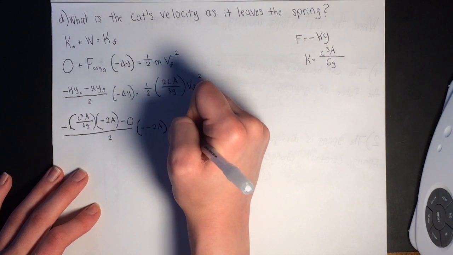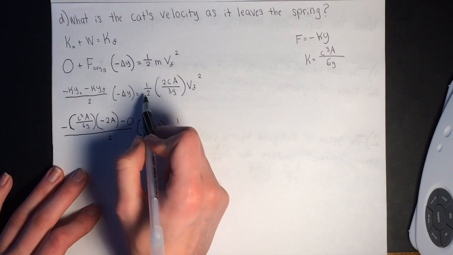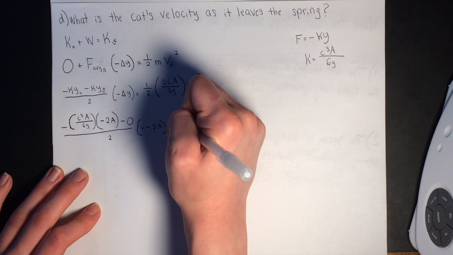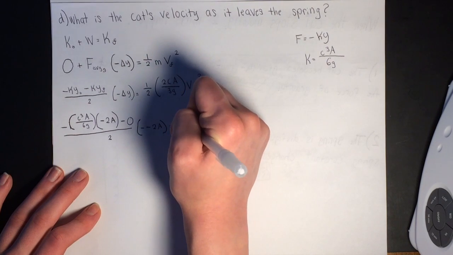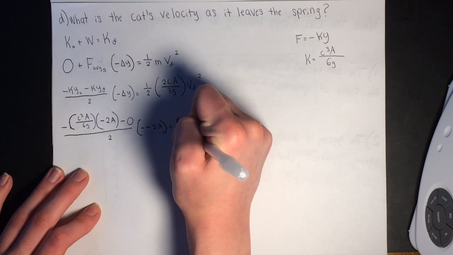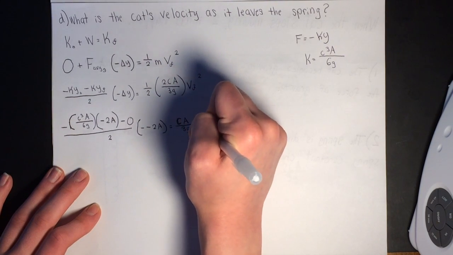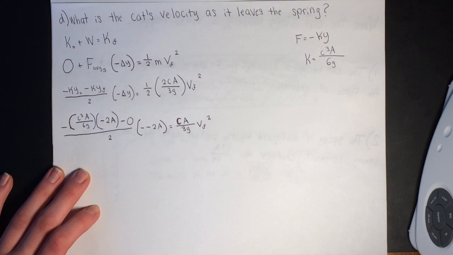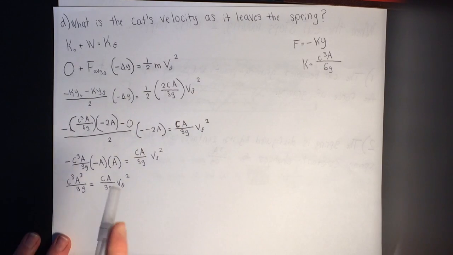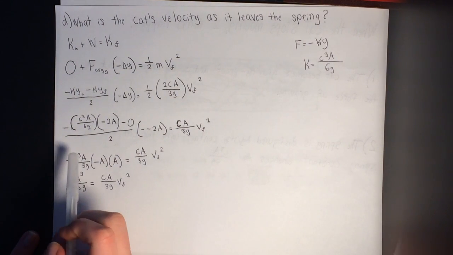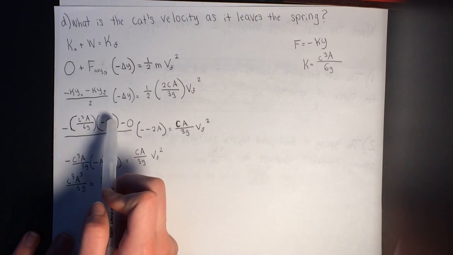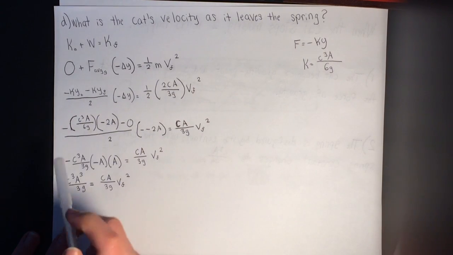Equals, what can we do here? We can multiply the 1/2 by the 2 on this side to cancel those out, and then we get equals ca over 3g v final squared. So what I did here is a couple of simplifications. First, these two 2's cancel out, one on the top and one on the bottom, and then we have another 2 divided by 6, which is 1/3.